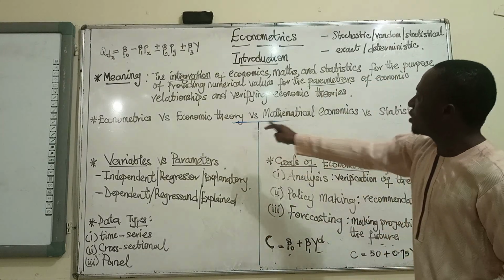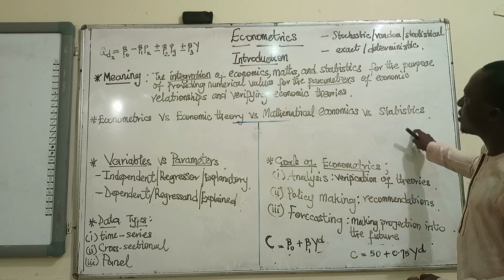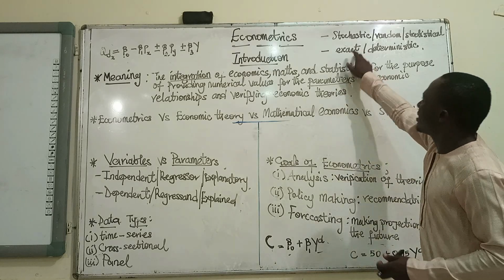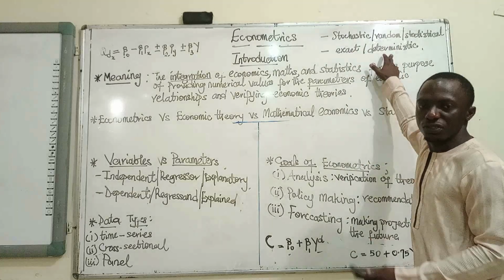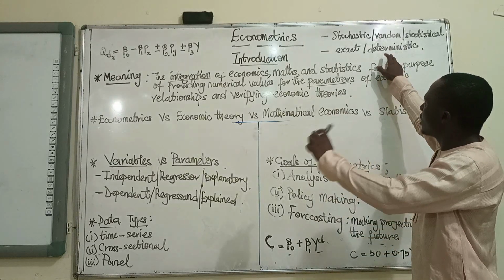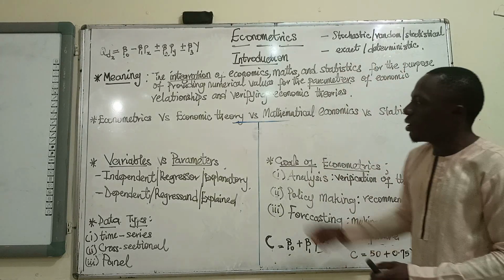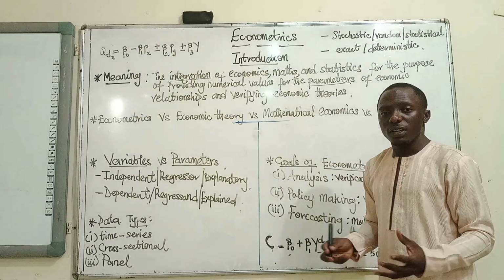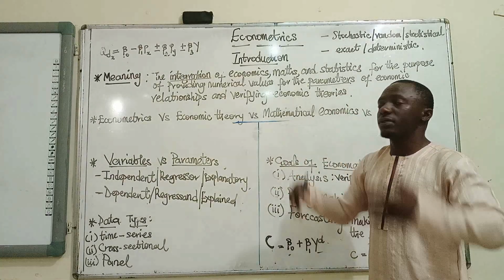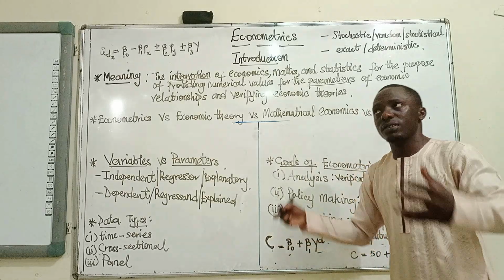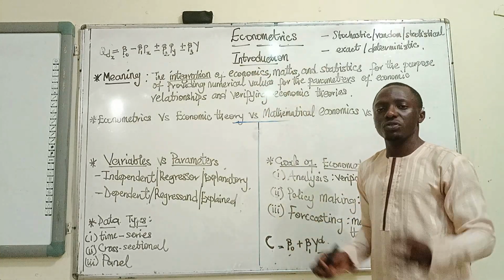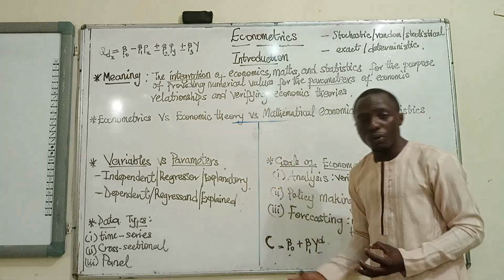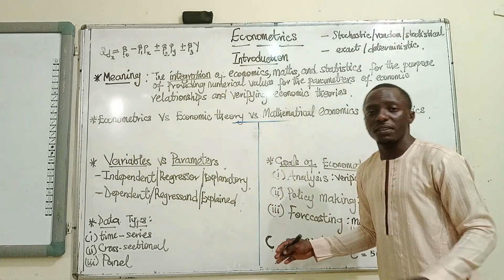While economic theory, mathematical economics, and statistics focus on exact or deterministic relationships, in the sense that when you take an economic theory, let's say the demand function, the demand function says there's an inverse relationship between the price of the good and the quantity demanded, all other things being equal.